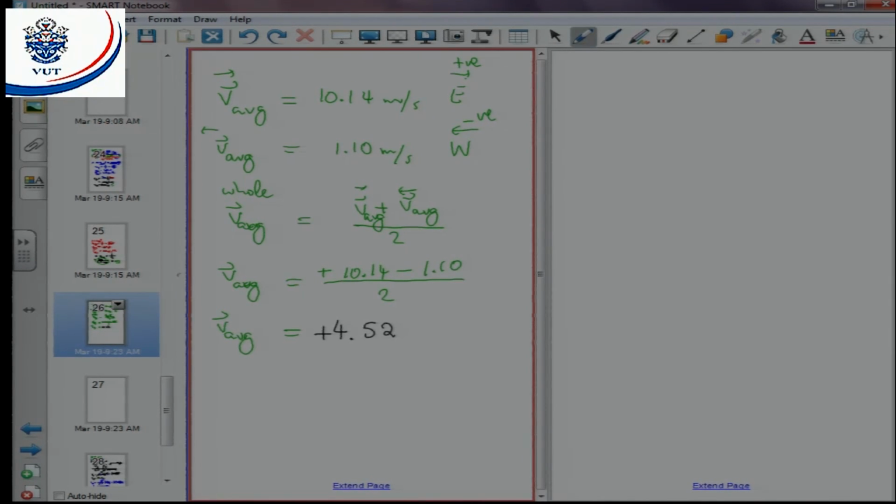And it's a plus, meters per second, which means it's 4.52 meters per second east. Okay, so that's the final answer.